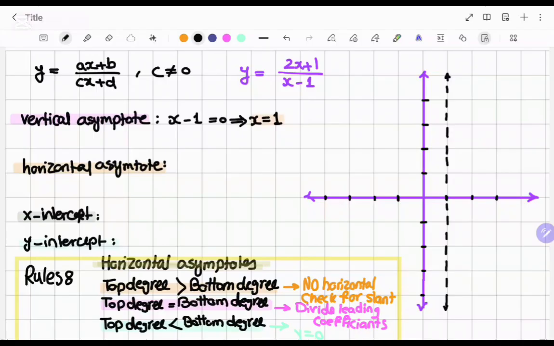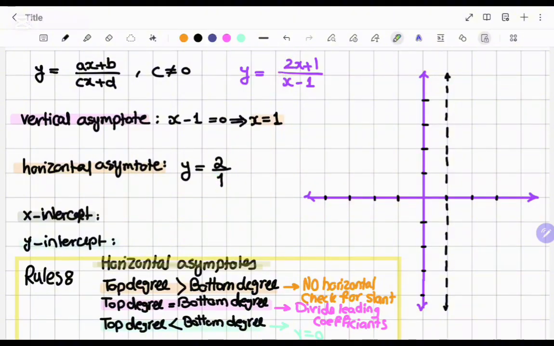Over here, the power of x in the numerator is 1, and the power of x in the denominator is also 1, so they have the same degree. So the horizontal asymptote is just the division of the leading coefficients of x. It's horizontal, so it's going to be shown by y equals 2 over 1, because the coefficient of the leading term in the numerator is 2, and the coefficient of the leading term in the denominator is 1.